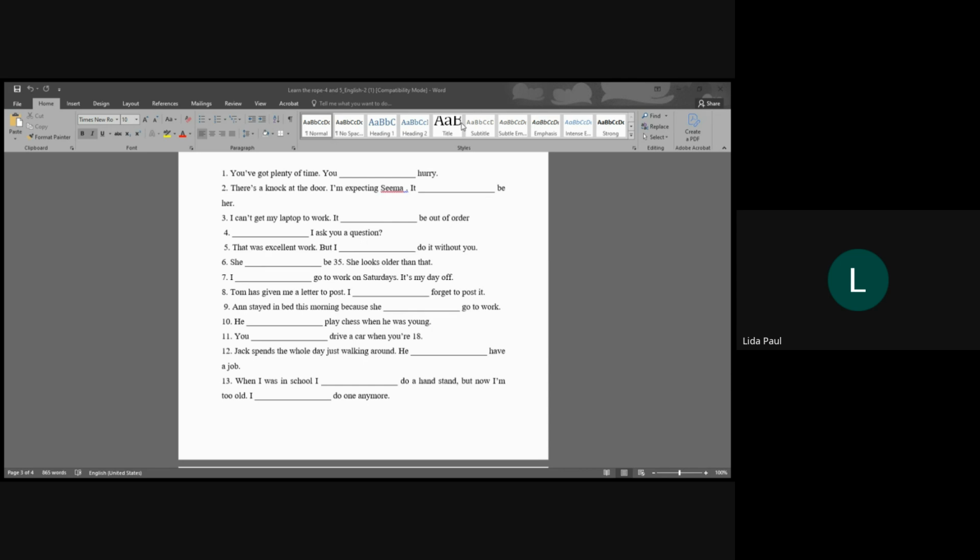First question here, we have got plenty of time. You dash hurry. We are only looking at the nine core modal auxiliaries. So you have can, could, then you have will and would, then you have shall and should, then you have may and might, and then you have must.